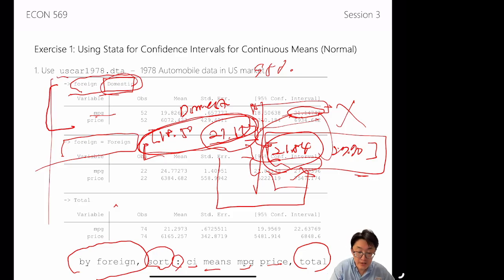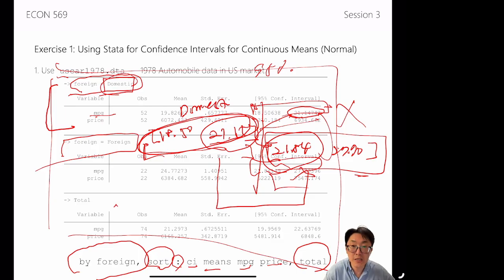Then you can see the entire result in one single table. So this is the case for when your variables are continuous variables.